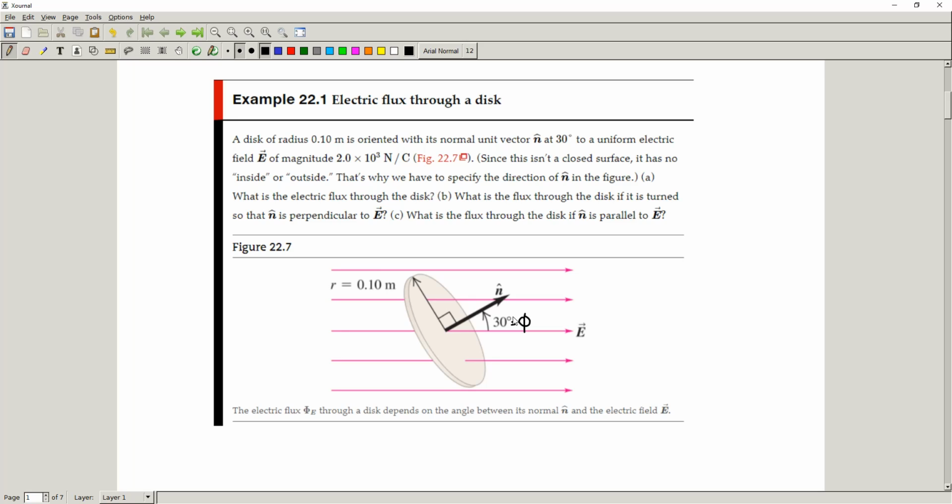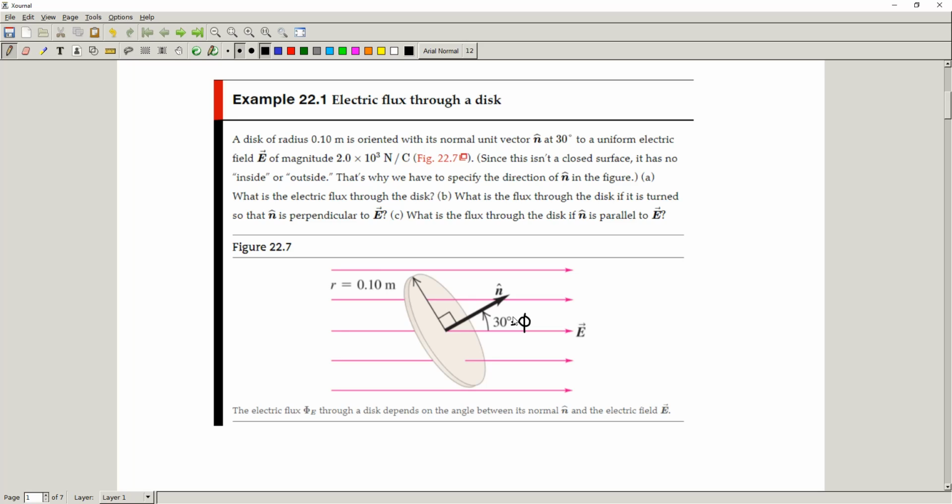So we see that here. We're given the magnitude of the electric field, and then it mentions that since this is not a closed surface, there's no concept of inside or outside. We need to specify the direction of our normal vector, and they do that for us, right?